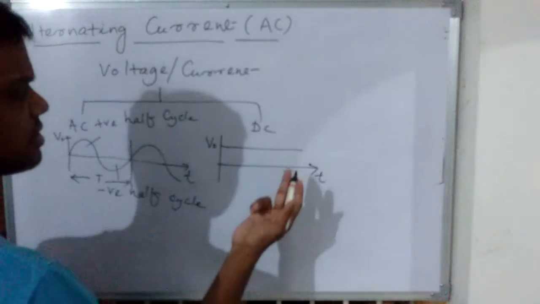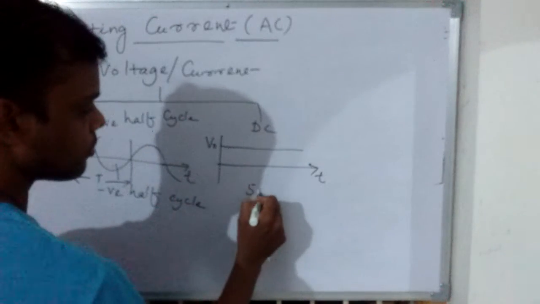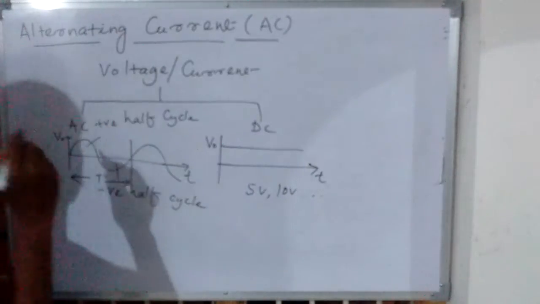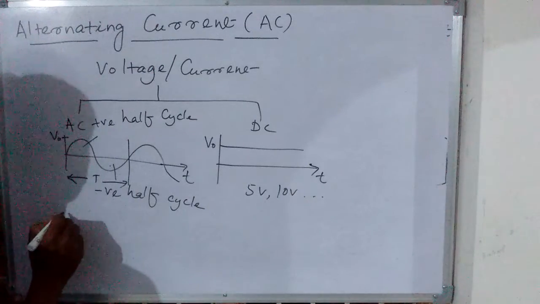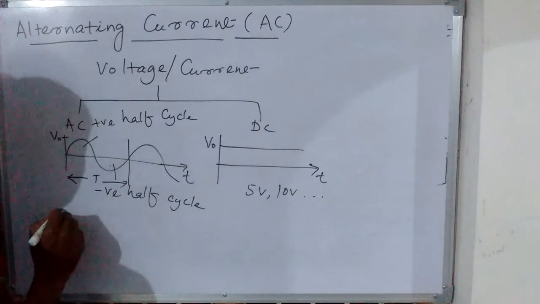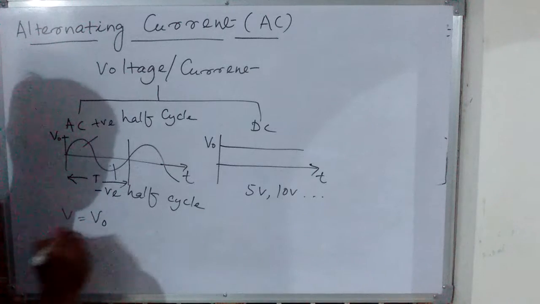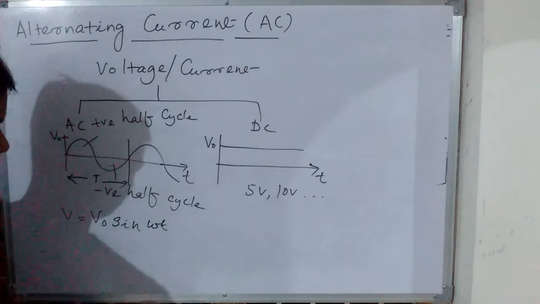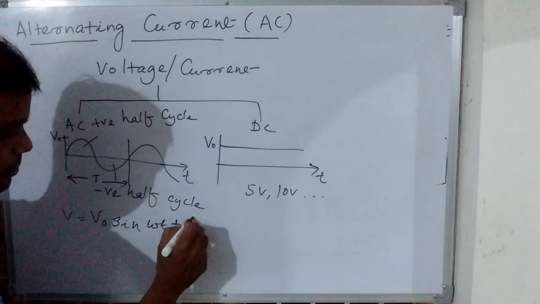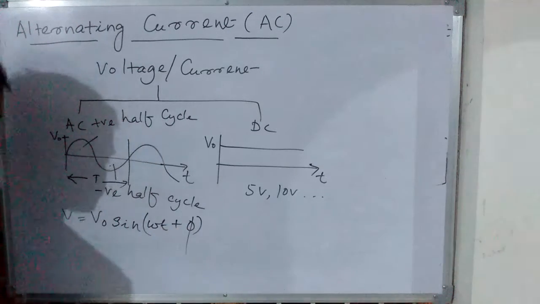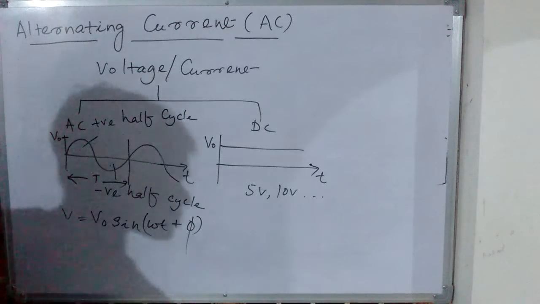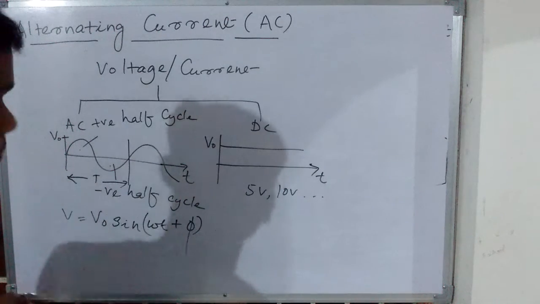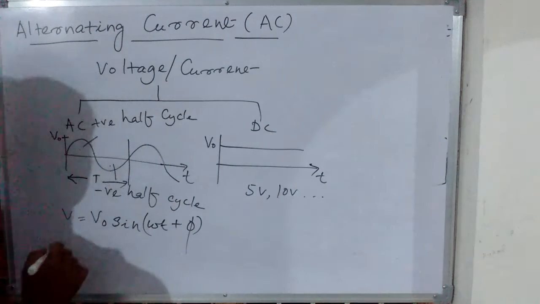The voltage of DC is simple, that is 5 volt, 10 volt, like this. AC is represented as V is equal to V naught sin(omega t plus phi). Here phi is the phase, and in the wave chapter you already know what phase is, so I am not going into that.